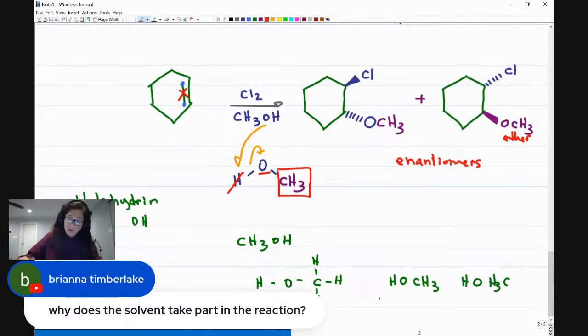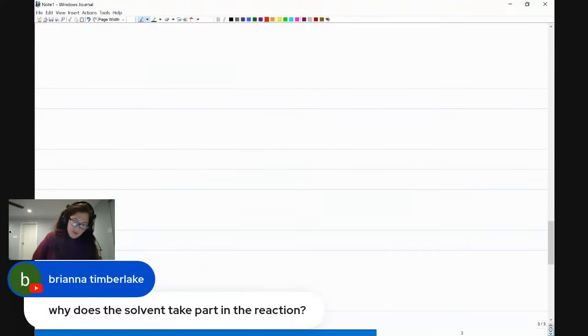Very good question. If we have an inert solvent that doesn't react, that solvent just does its thing and acts as the solution. But when you have something that is highly electronegative and polar and capable of hydrogen bonding, if we form a Cl- in solution, this Cl- is going to start attracting all of the partially positive hydrogens from the methanol solution.